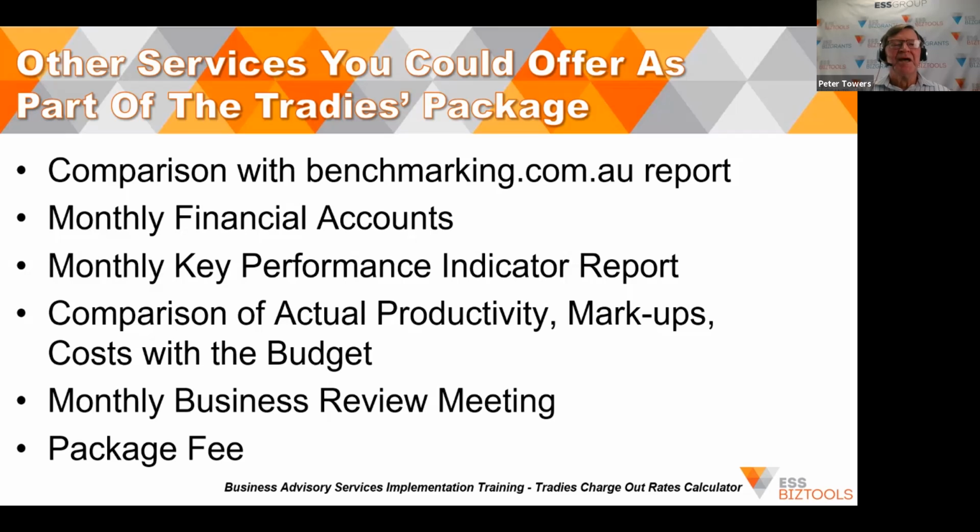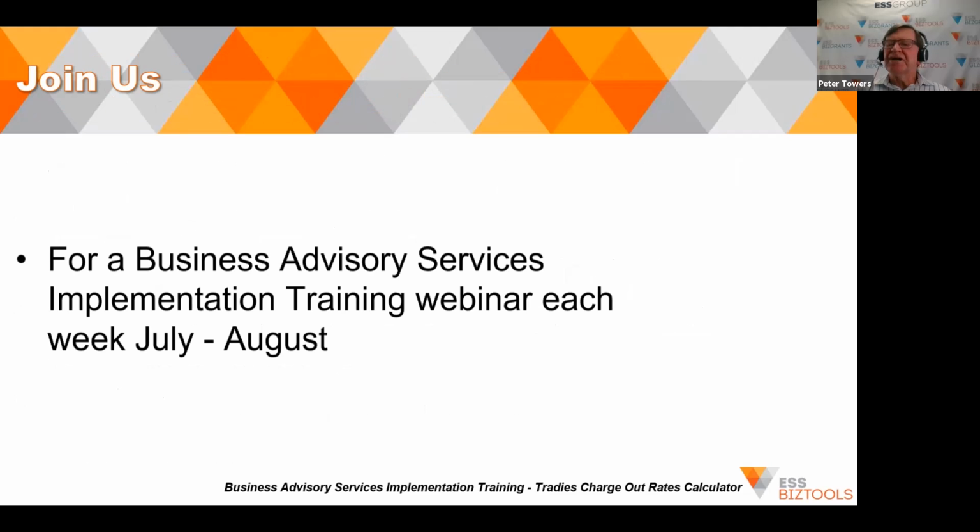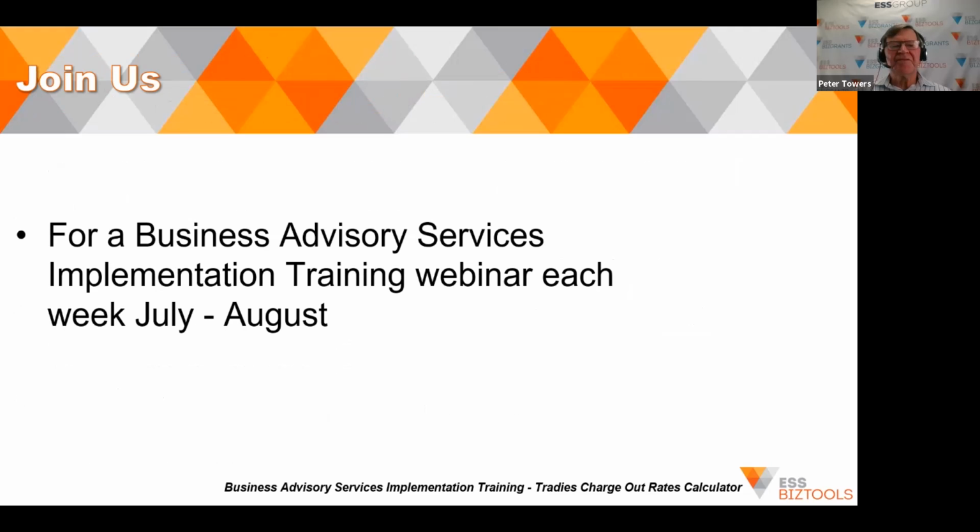My apology. Okay, so you can join us for a webinar like this each week in July and August as we go through the components of the starter package, which I've said a couple of times today, is also the foundation of the gold and silver package. So if you're a gold subscriber, don't think that we're overlooking your requirements.